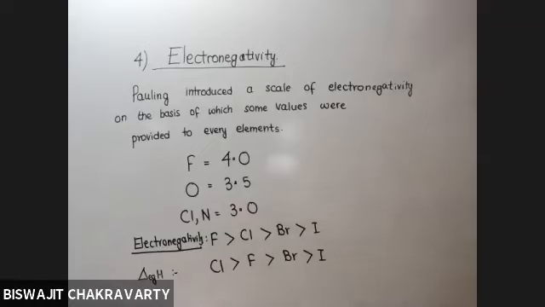Now, fluorine, being the most electronegative element, will have the highest tendency of attracting the shared pair of electron. But what is electron gain enthalpy? After that electron is added up to the outermost shell, in return, whatever amount of energy is released, that is called electron gain enthalpy, isn't it?